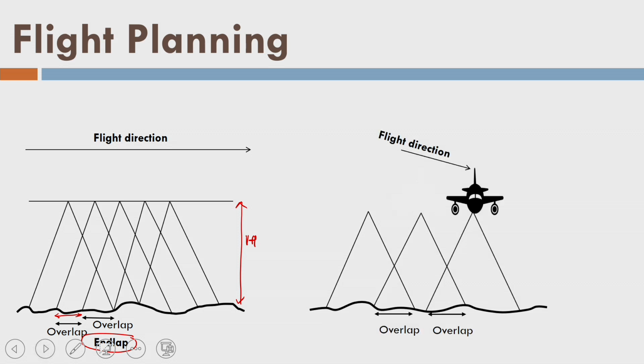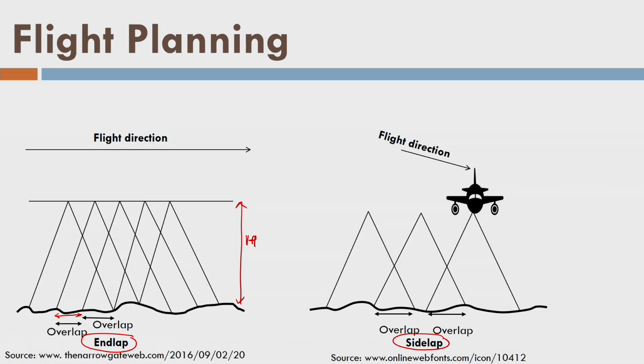There is also an overlap, and I call this overlap the side lap. End lap and side lap are both important and required. Perhaps you have understood the concept of end lap and side lap, that is, the overlap in two directions. Let us look at another animation which will explain it a little better.